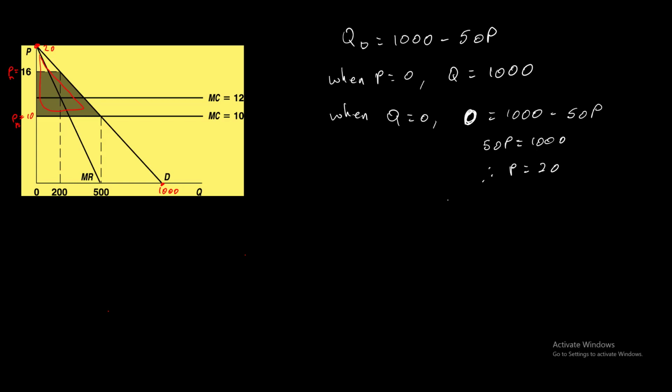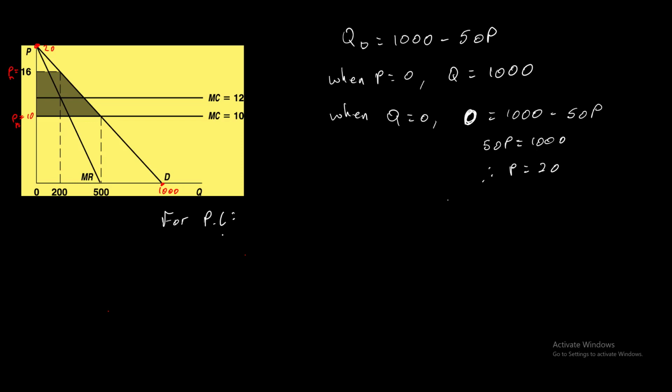The consumer surplus under the monopoly is this small triangle up here. It's always the area above the price and below the demand curve. The loss of consumer surplus due to monopolization is the shaded area here.